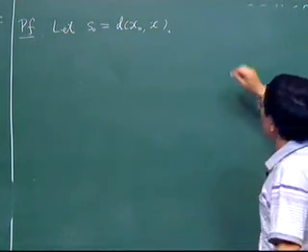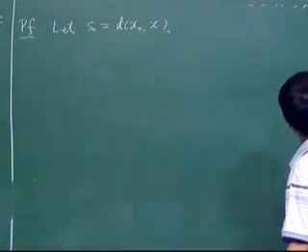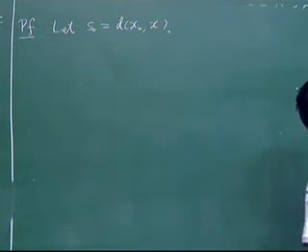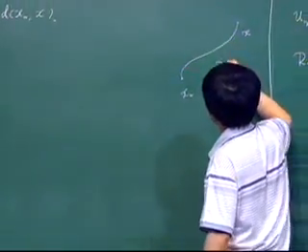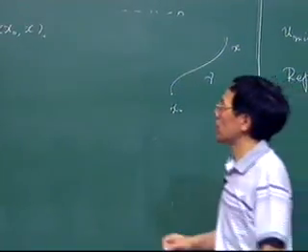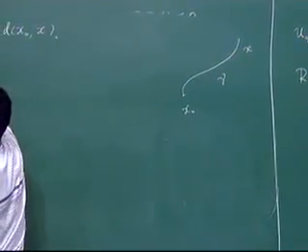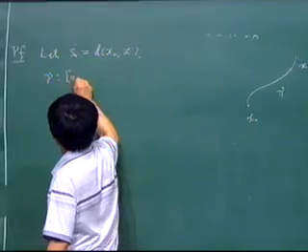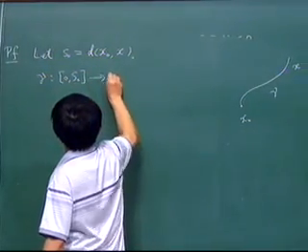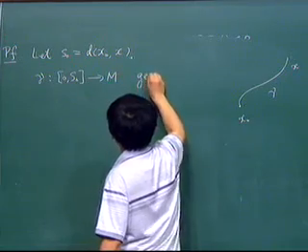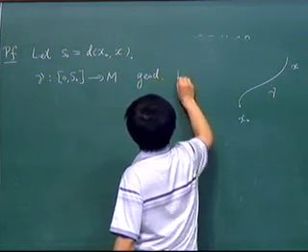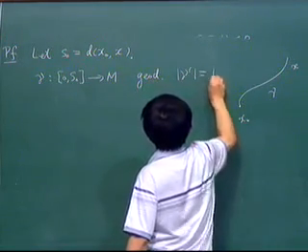So you have a point here, x0, and then you have x here. So you will have a geodesic gamma. Gamma is the normal geodesic with gamma prime equal to 1.